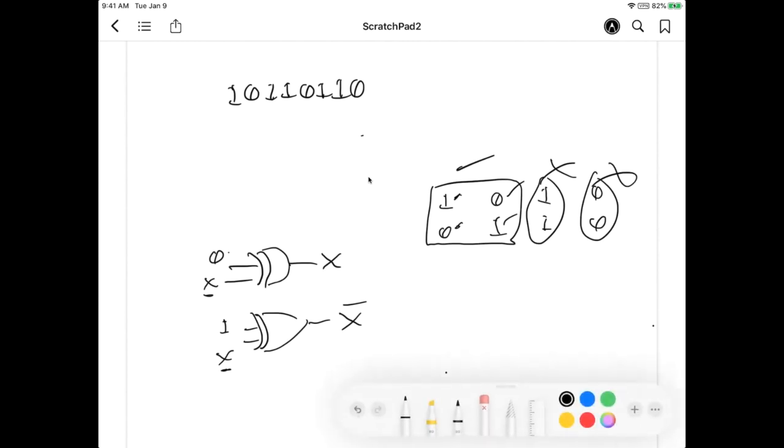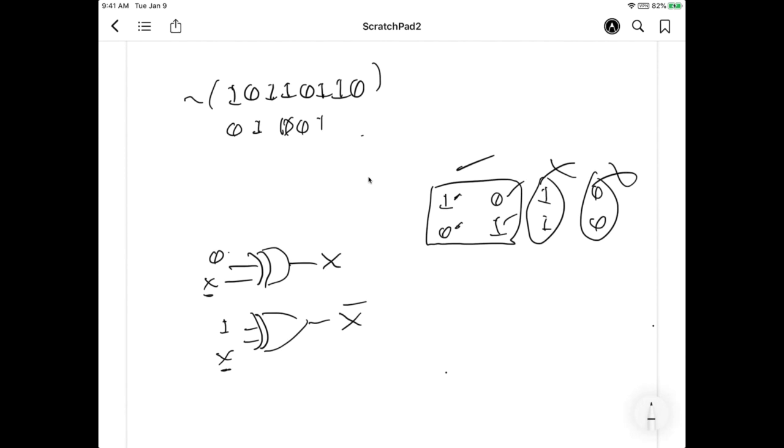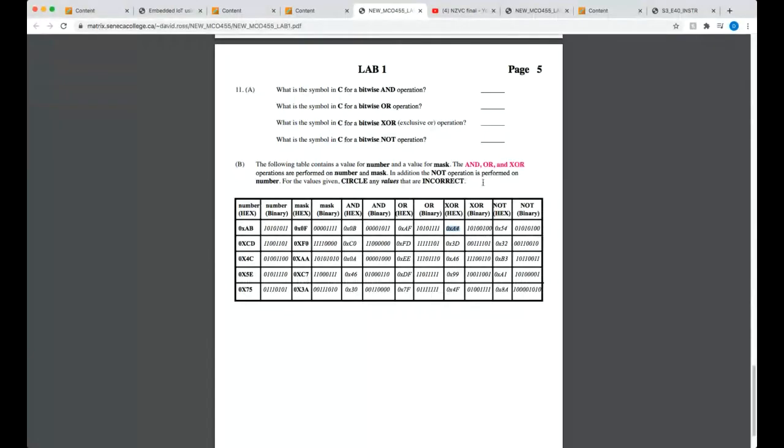If I do the tilde of this number, the result is going to be the complete opposite: 0, 0, 1, 0, 0, 1. So this is the inverse of that. I've done this in a big hurry, so I do apologize, but there are videos. Let's go back and take a look at the lab one last time to finish this off. So that's what this not X here is doing, right?